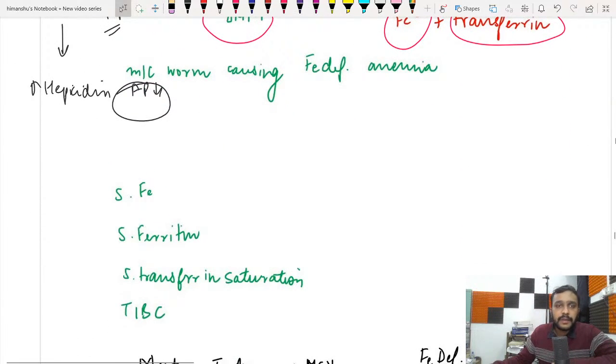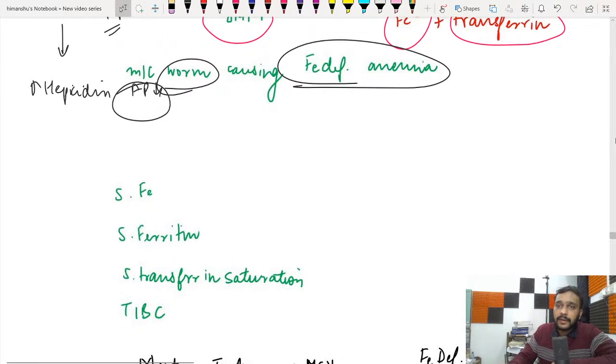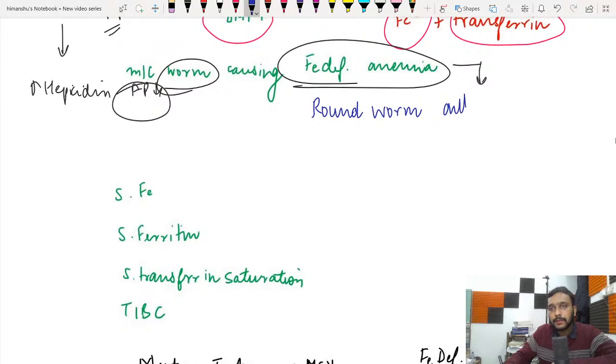Yes, very good, Dr. Shivani. The most common worm causing iron deficiency anemia is, simple question, come on guys, roundworm, or Ankylostoma duodenale.